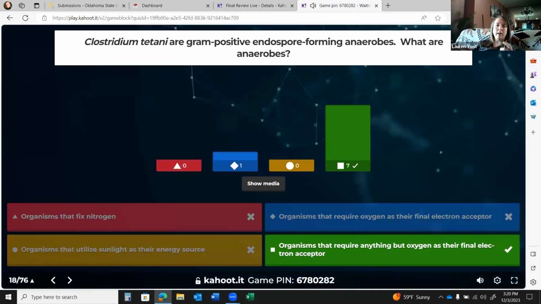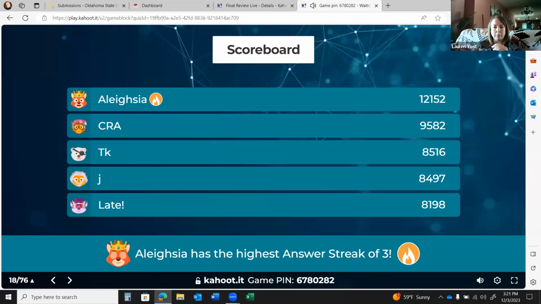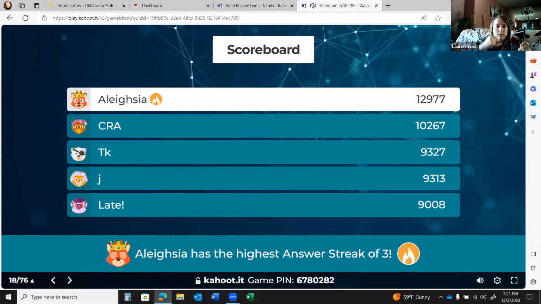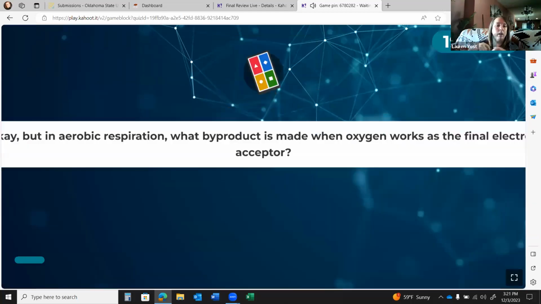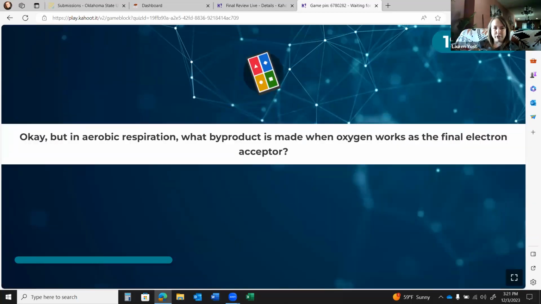Yes, that's exactly right. They're organisms that require anything except oxygen as their final electron acceptor when creating ATP. Exactly. Good job. Okay. In aerobic respiration, what byproduct is made when oxygen works as the final electron acceptor?